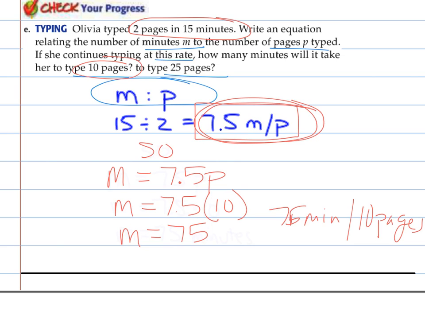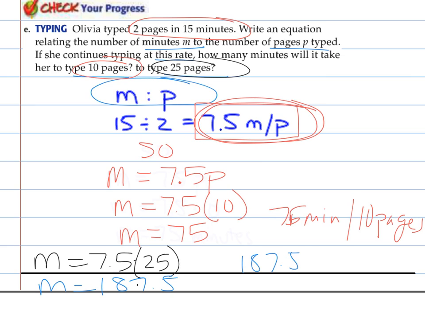So if we wanted 25 pages, we do how many minutes at 7.5 minutes per page. So we replace the page, how many minutes to take 25. So we do 7.5 times 25. It would take her 187.5 minutes. So 187.5 minutes for 25 pages.